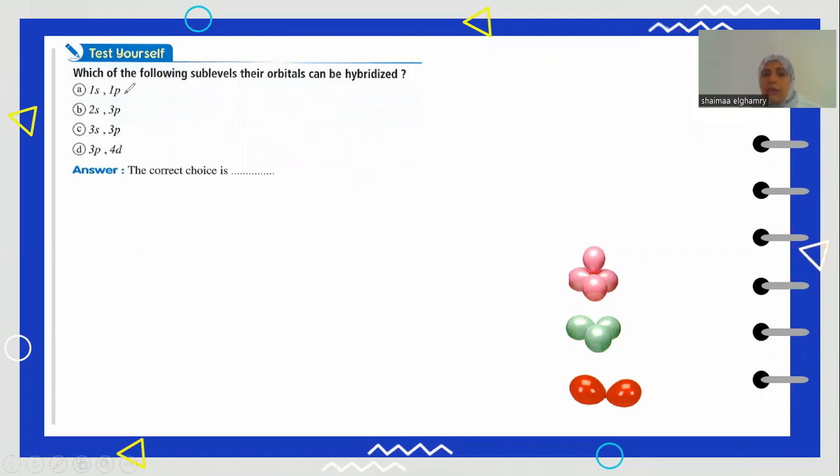For sure, we don't have a p sublevel in the first energy level, so A is not correct. 2s and 3p, or 3s and 3p, or 3p and 4d. For sure, we are going to choose the sublevels of the same energy level, because they are close enough to each other in energy.